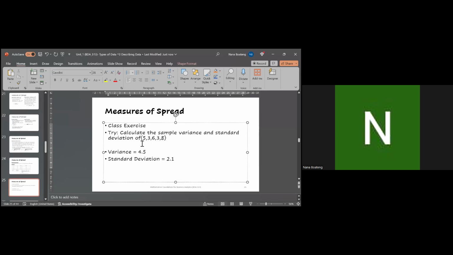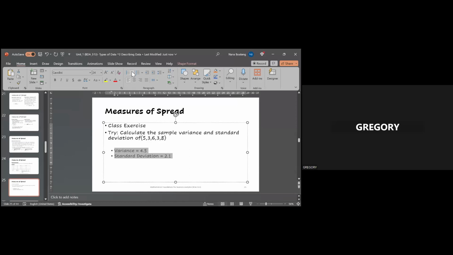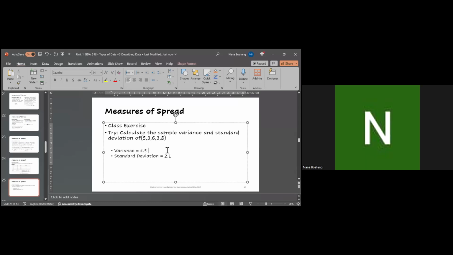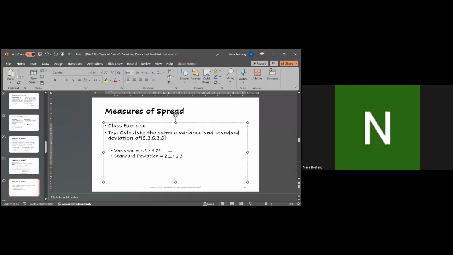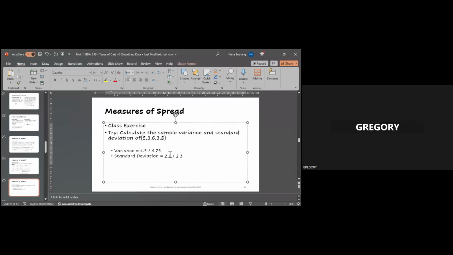Please, anybody with a different answer? Yes, I had 4.75 for the variance. So you have 4.75 for the variance. Okay, and then the standard deviation? 2.3. Okay, any other? Then we all work it together.